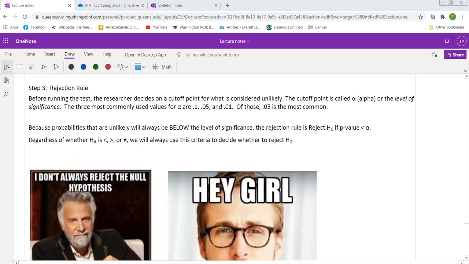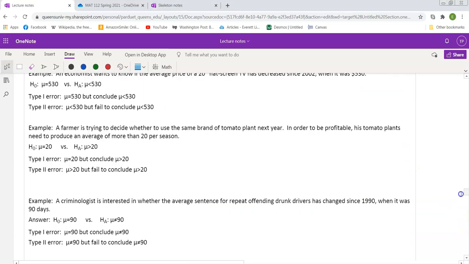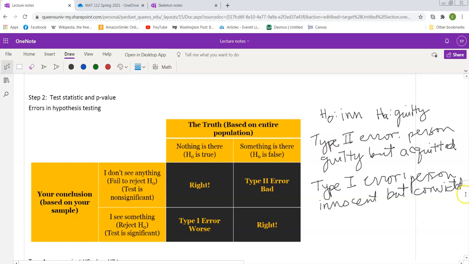All right, so now that we're done with the test statistic and p-value, we're almost finished. We need to talk about what's the rejection rule, meaning how do we know, based on looking at the p-value, are we going to reject H0 or are we going to fail to reject H0? So before the researcher runs the test, they decide on what's considered unlikely.